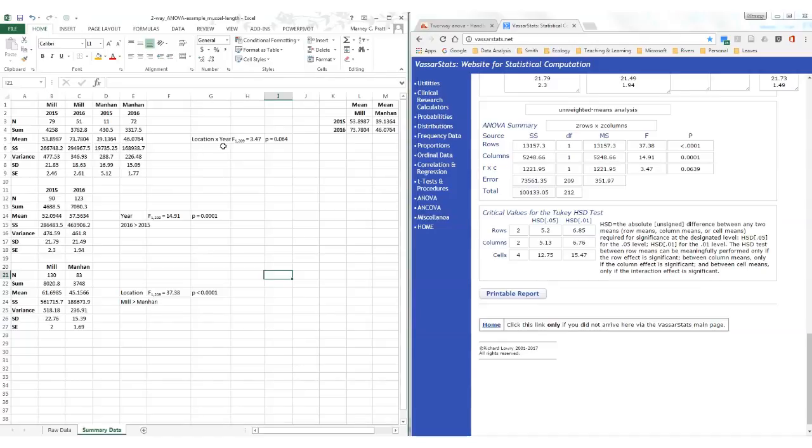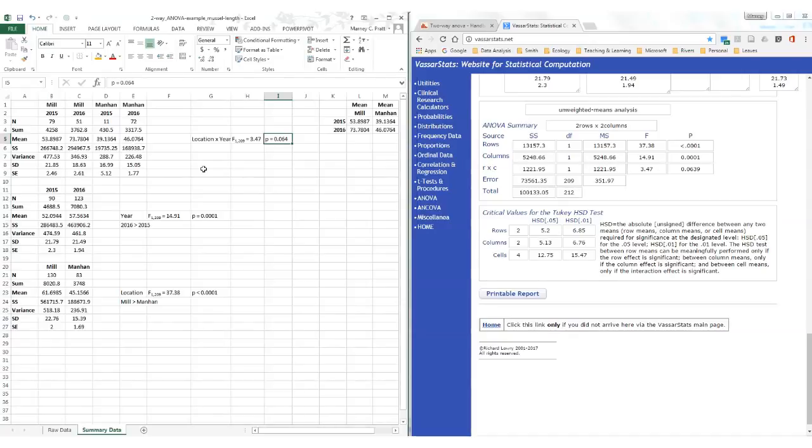Let's just pretend that we had a significant interaction term. It's actually pretty close to significant anyway. Now you'll notice that there's 4 different cells, 4 things to combine. So how do we know which ones are significantly different from the other ones? This value just says that there's some kind of significance going on in this interaction term, but it doesn't give you specifics about which ones are different from each other.